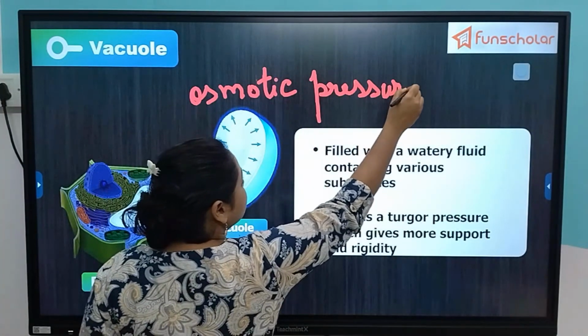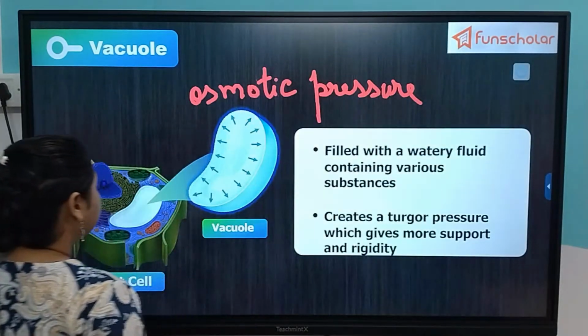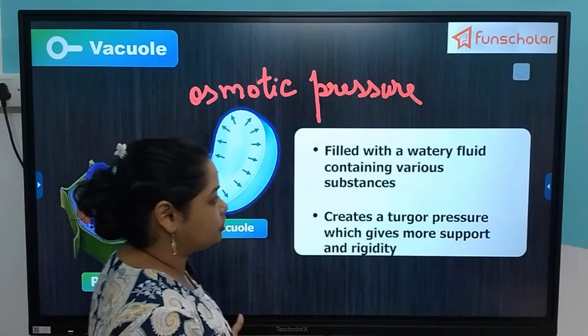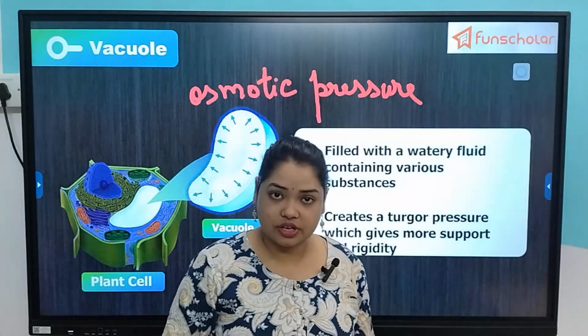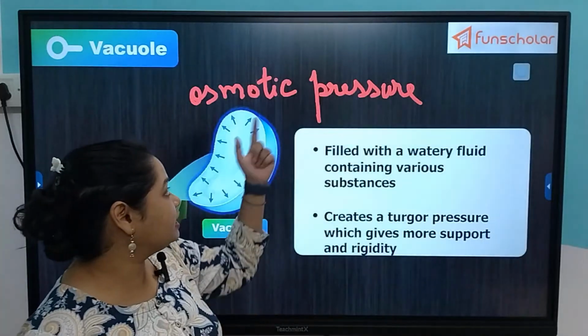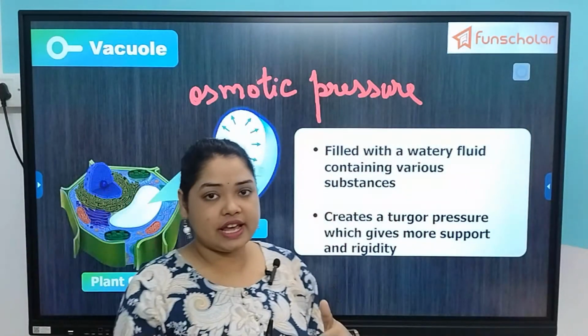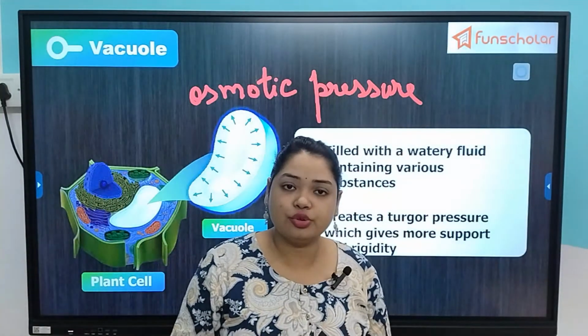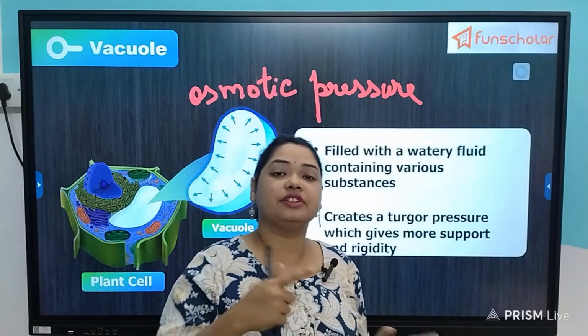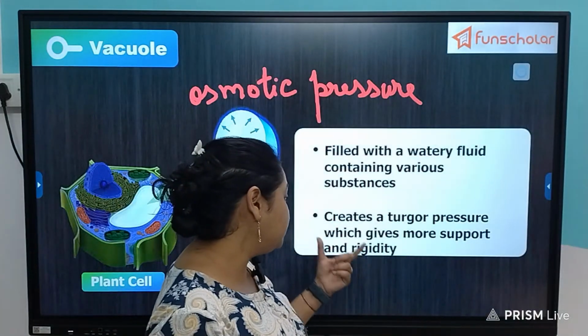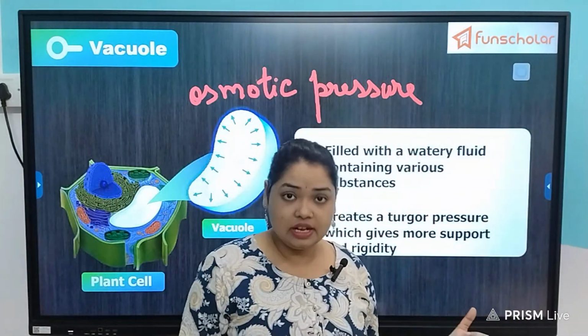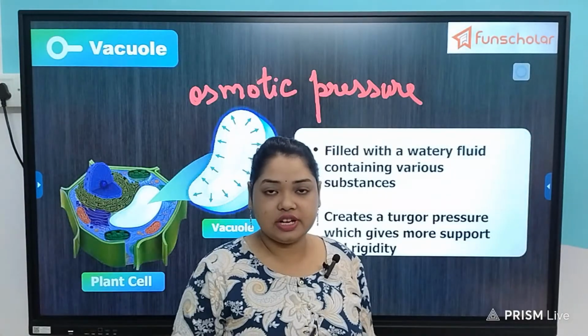Now, this osmotic pressure can lead to collapse of the cellular integrity or the cellular structure. That is why, to counteract that pressure from outside, a pressure should be given as the opposite reaction to the osmotic pressure in order to maintain the rigidity and support of the cell and the whole structural integrity.